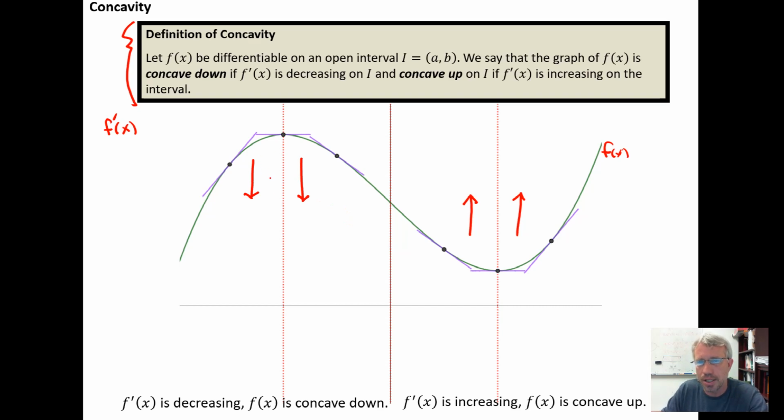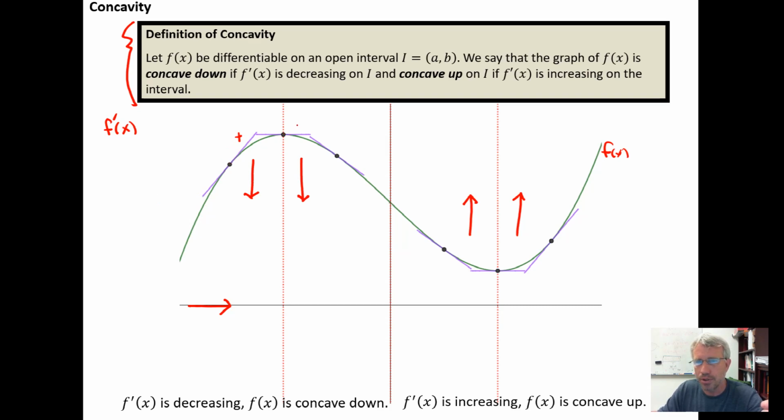So here's the next thing to notice that's key or important to realize. When a function is concave down, as we move from left to right on the input axis, the slopes of the tangent line are changing from positive slopes. You can see here to the left of this critical point, if I draw in a tangent line anywhere I want, the slope of that tangent line is going to be positive.